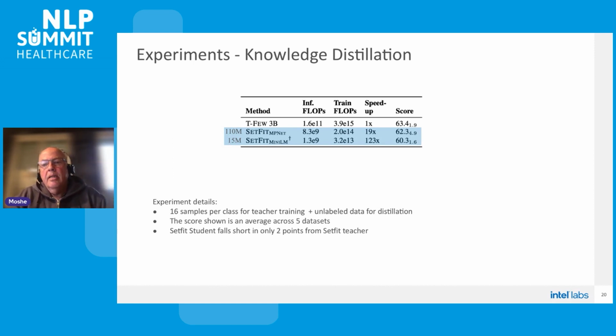We can see that our SetFit student fell short by only 2 points compared with the teacher model, but is even 6x faster than the teacher. So the bottom line is that SetFit can be even more efficient when using smaller models in a distillation setup. And of course, we can take it to production.